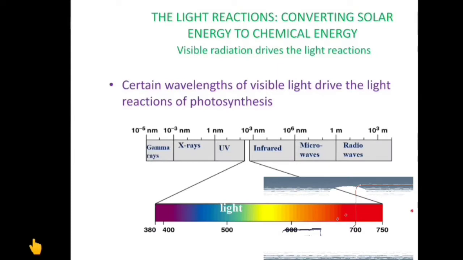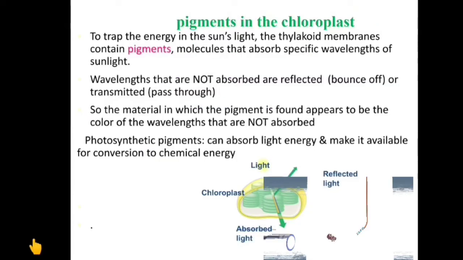Here the light reactions are converting solar energy to chemical energy. Visible radiation drives the light reactions. Certain wavelengths of visible light drive the light reactions of photosynthesis. Now what about the pigments in chloroplast? To trap the energy in the sun's light, the thylakoid membrane contains pigment molecules that absorb specific wavelengths of sunlight.